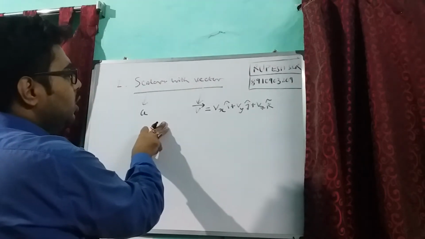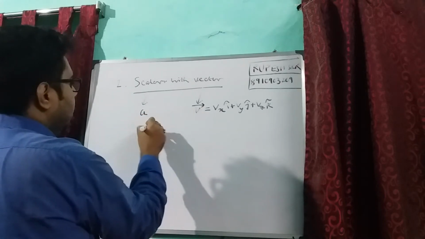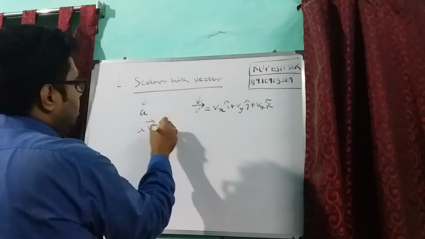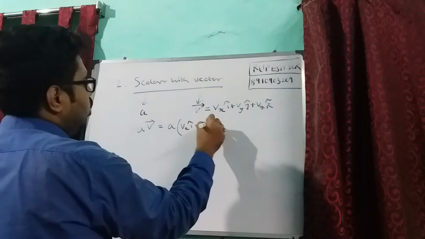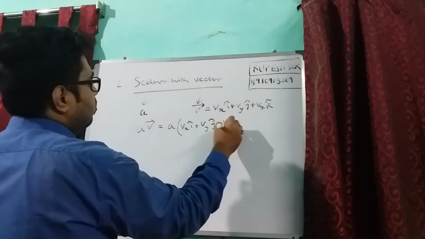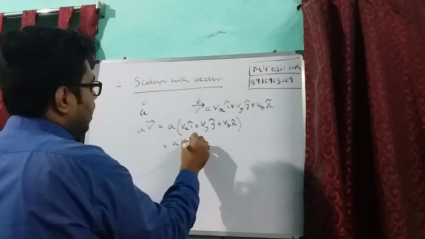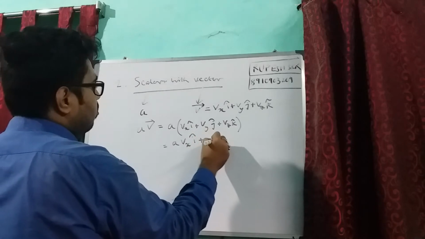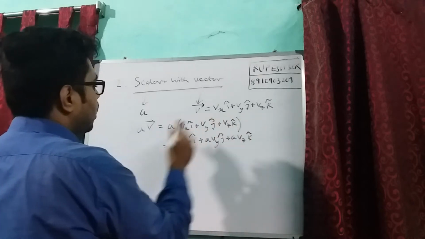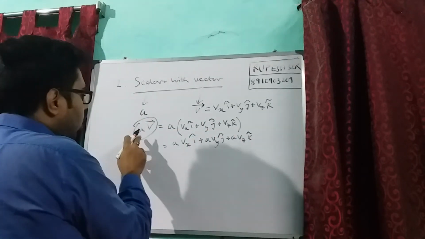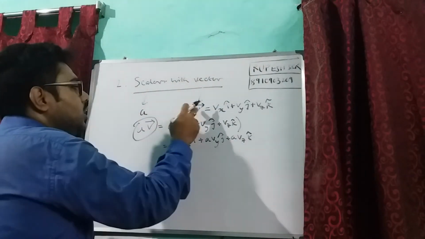So, what will happen when we multiply A, this scalar quantity, with this vector? AV equals A Vx i cap plus A Vy j cap plus A Vz k cap. We just multiply this and get A Vx i cap, A Vy j cap and A Vz k cap. So, here it only returns some scaling up or scaling down of the original vector V.